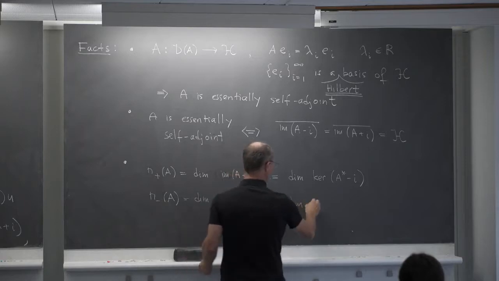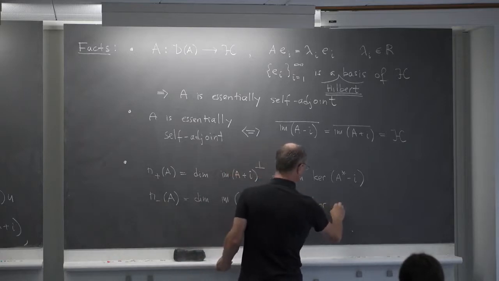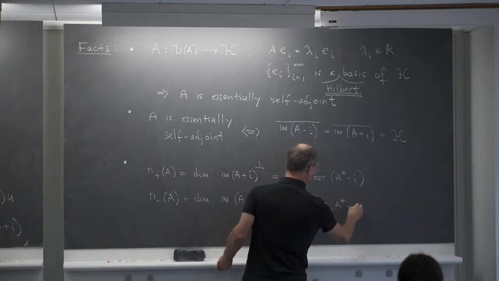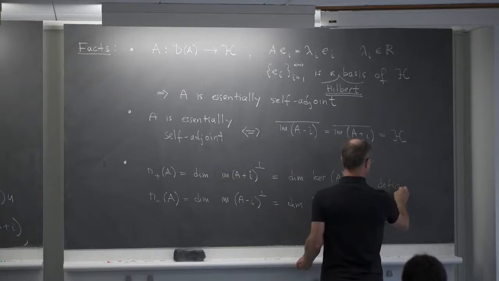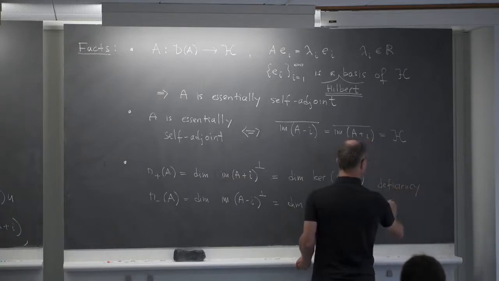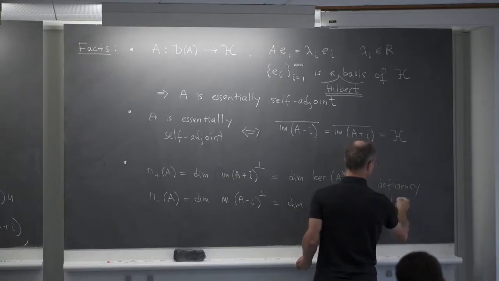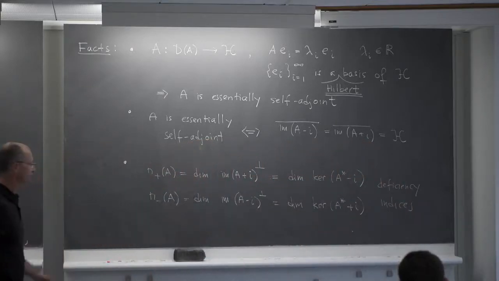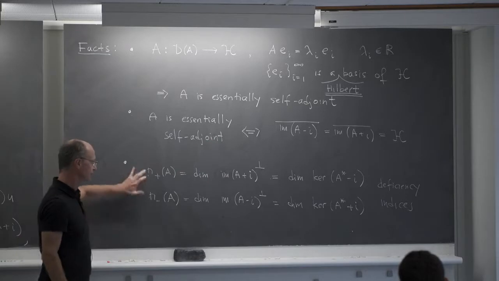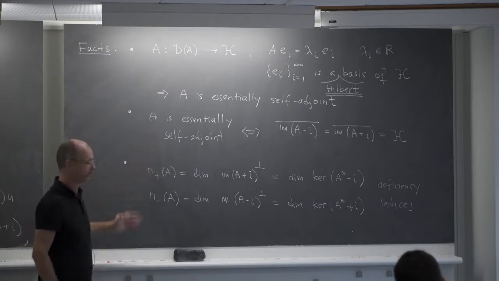And this is the dimension of the kernel of A star plus I. So these are called the deficiency indices. So these are numbers, possibly infinite.